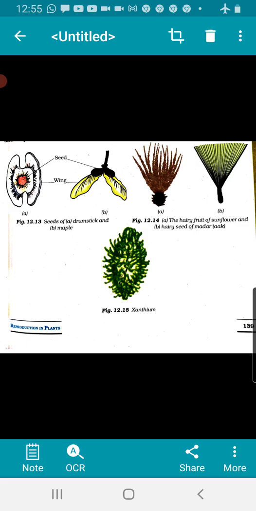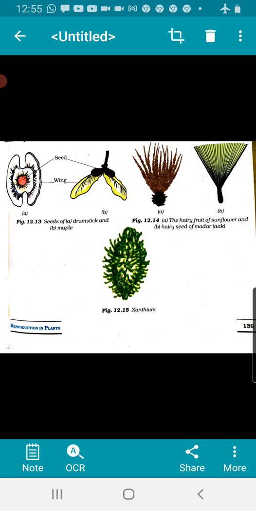So which seeds are dispersed by water? That is, lily and lotus are very light and are carried by water currents. And some explode when they ripen and shoot out the seeds. For example, pea, cotton, bean plants, they scatter their seeds in this way.